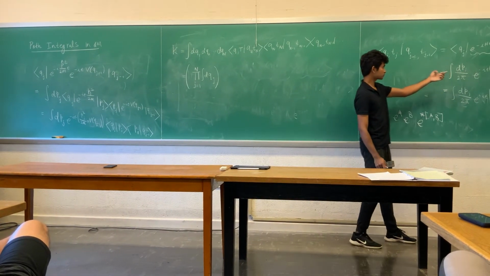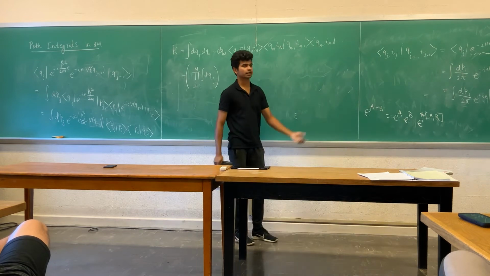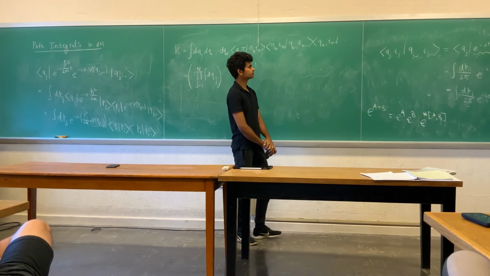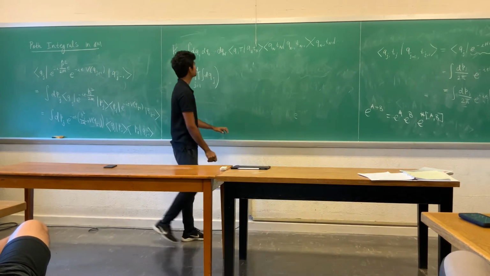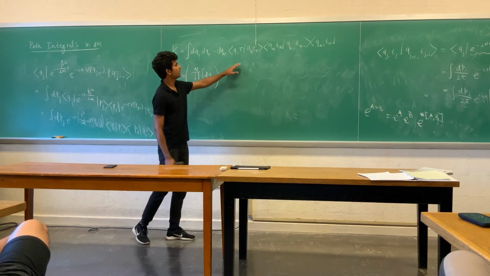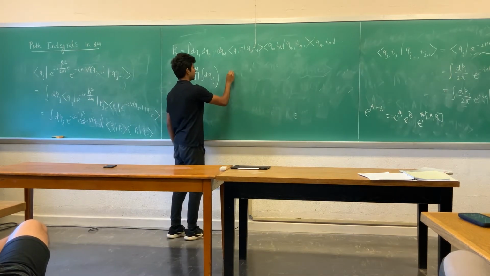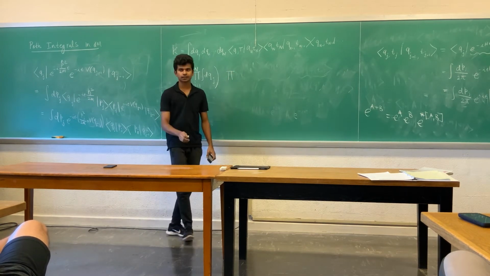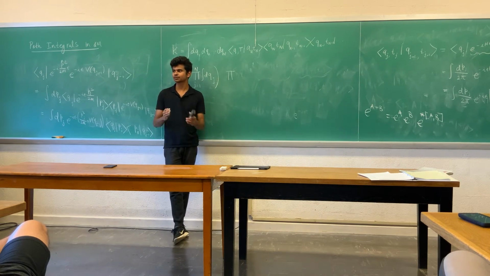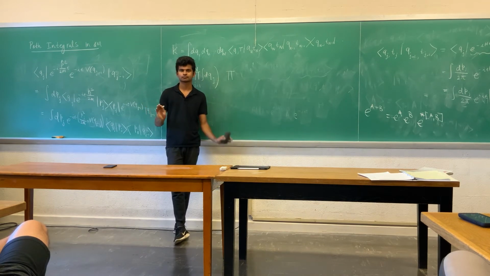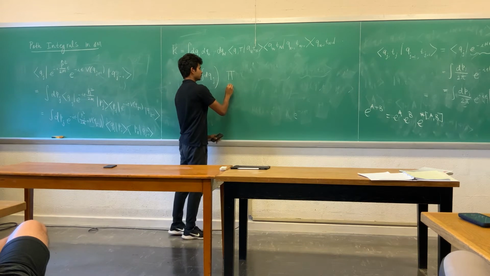How many p_j's do we have? We need to insert a p_j for every one of these terms. I have 5. Is it clear why there are n plus 1 terms? Because we split time into n plus 1. That's all, there's nothing to it.